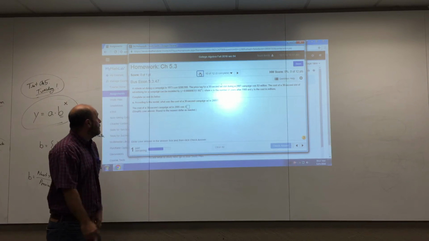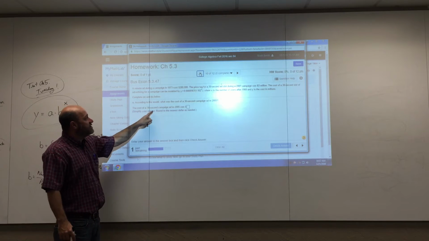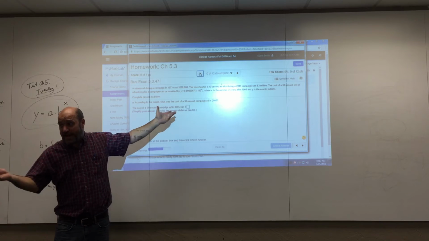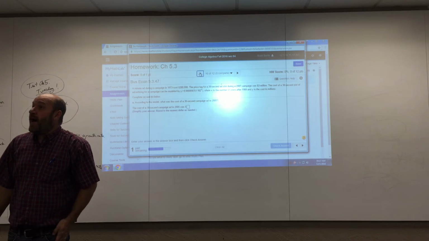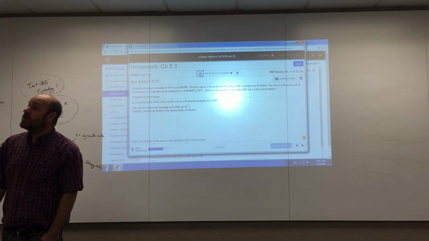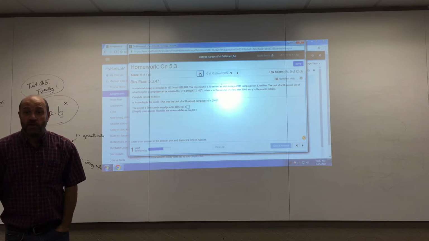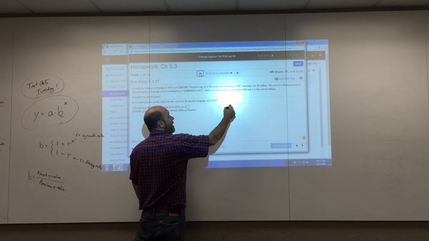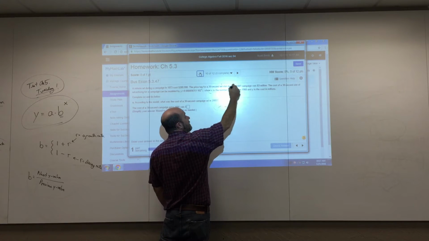So now what do they want? What's the cost in 2005? Well, if X starts in 1900, then in 2005, X would be 105 years. In 2005, X is 105, and that's because of what they said here.